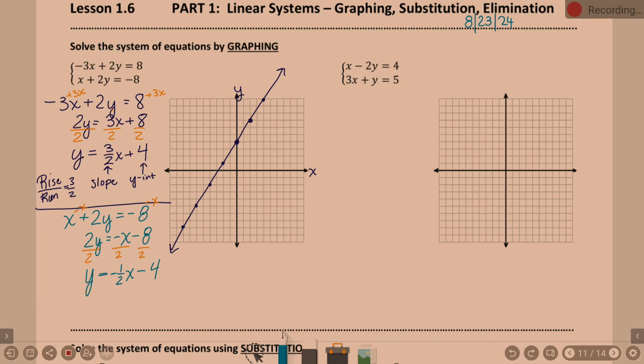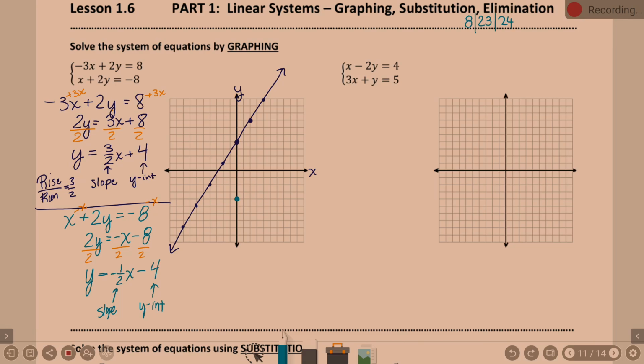So what do we know? Y-intercept? Negative 4. And slope? Negative 1/2. So I'm going to start with my y-intercept of negative 4, which says I'm going to go down 4.